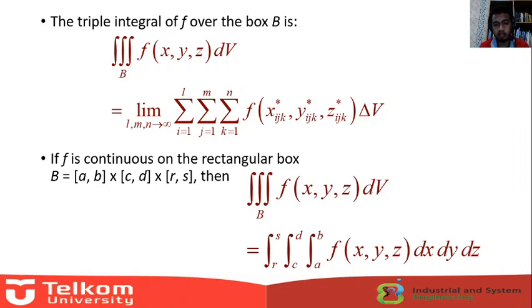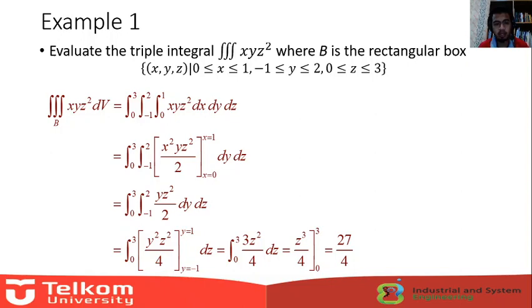Actually this is the same as the rectangular case in the double integral, so we just find the result. For example, evaluate the triple integral of x y z square, where B is the rectangular box. It means x is from 0 until 1, y is from -1 until 2, and z is from 0 until 3.